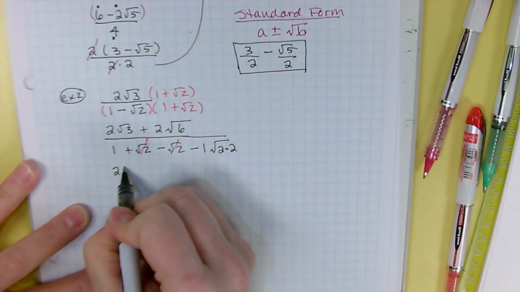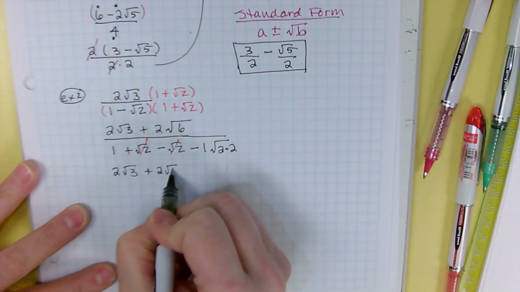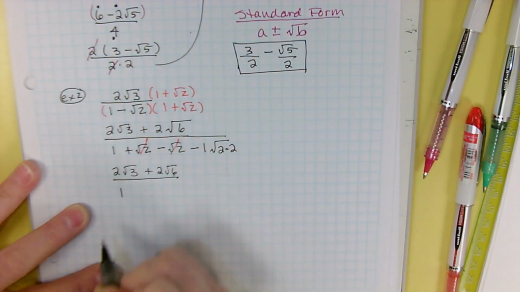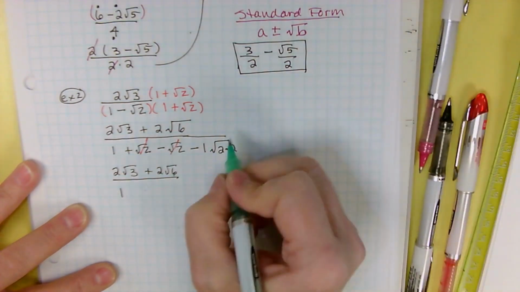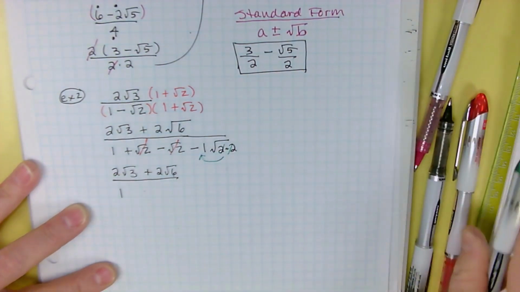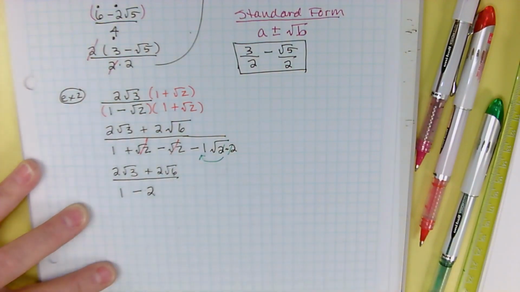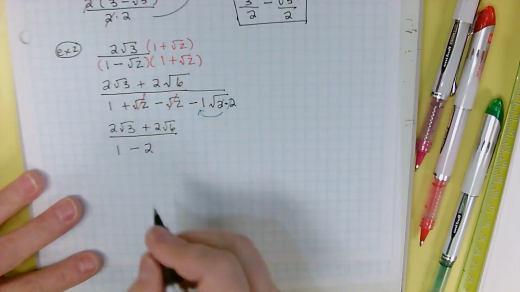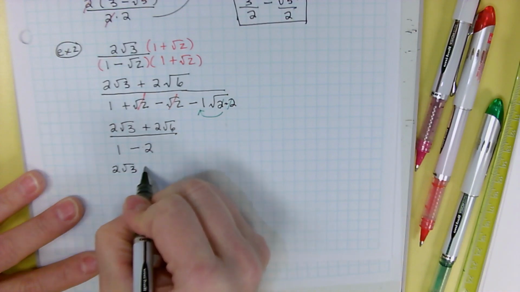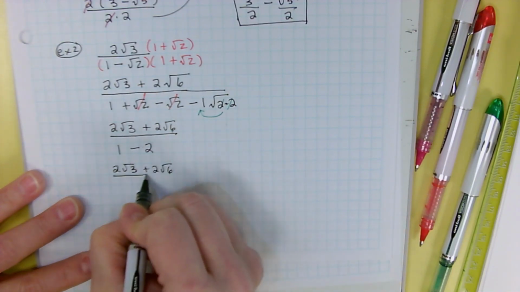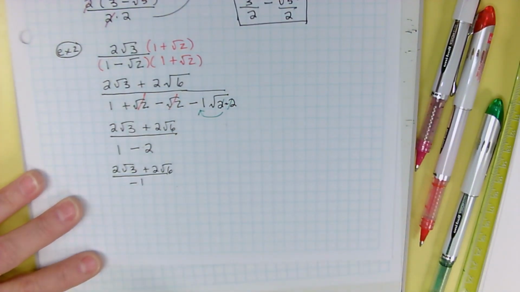All right, so like I hoped, radical 2 minus radical 2 goes to 0. So now I have 2 radical 3 plus 2 radical 6 all over 1, and then from the 2 2's, 1 comes out and gets multiplied by the negative 1. So it's 1 minus 2. So I get 2 radical 3 plus 2 radical 6 divided by negative 1.